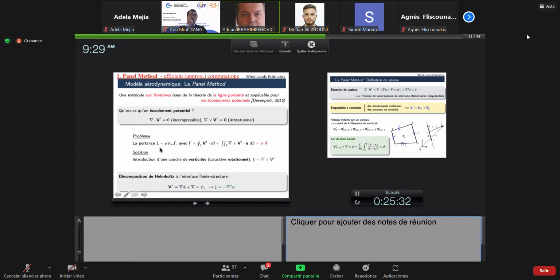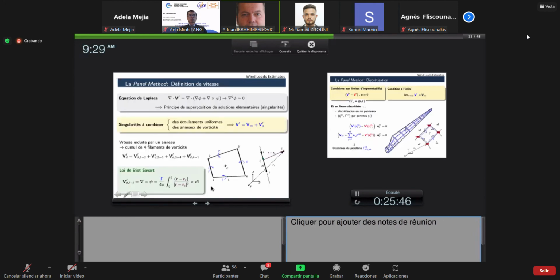So if it's irrotational, we can represent it with the vorticity. This is one way out there, or we can do it with the strength of, let's say, a vortex, which is here called gamma. And this strength now could be represented by using the computation.